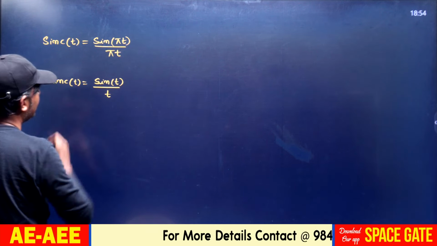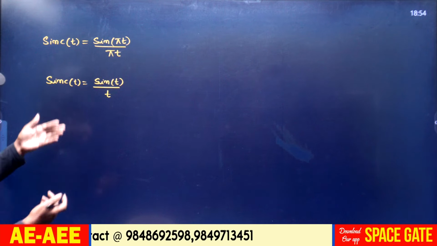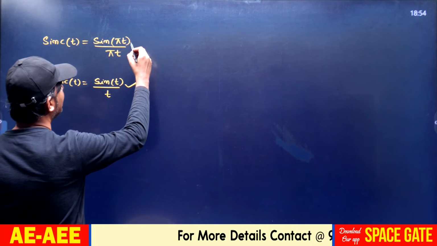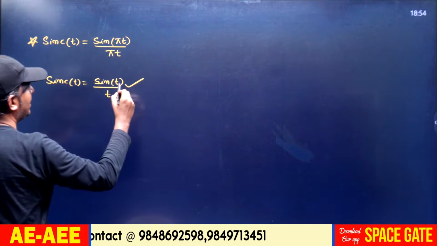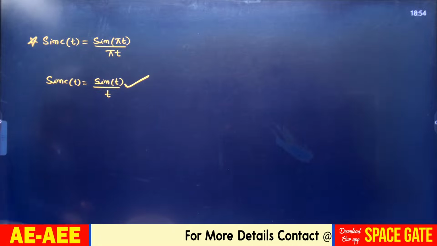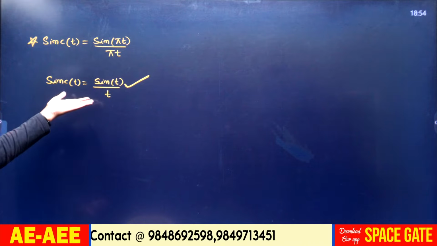He might have taken this definition instead of this. We went by this one, but he is going by that one, right? So we have to get it in this form.